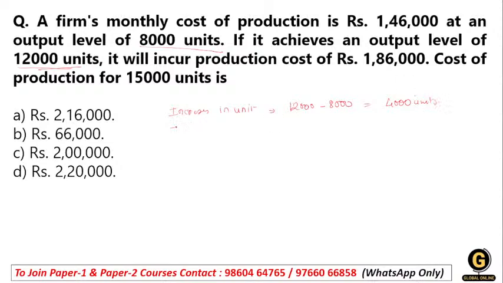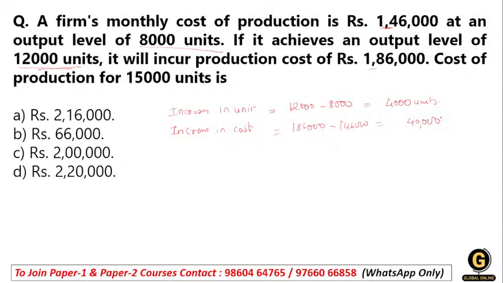Then as units increase, the cost also increases. Before, the cost is 1,46,000, later on the cost will be 1,86,000, so you have to take the difference: 1,86,000 minus 1,46,000, so the difference will be 40,000.